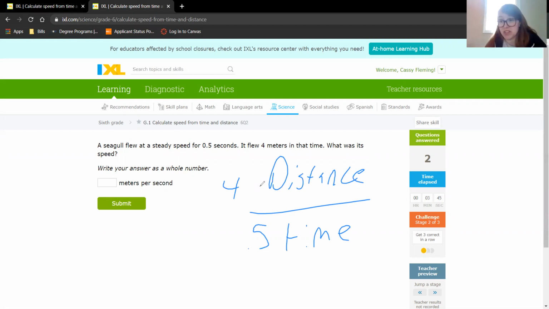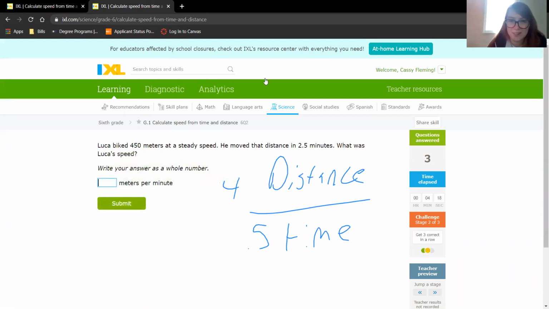For the sake of space and time, I'm going to use a calculator. 4 divided by 0.5 is 8. So is our answer 8? I might have done it backwards. If we get the wrong answer, we know why.